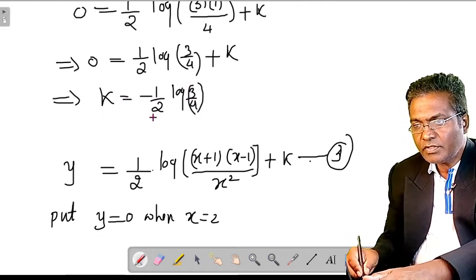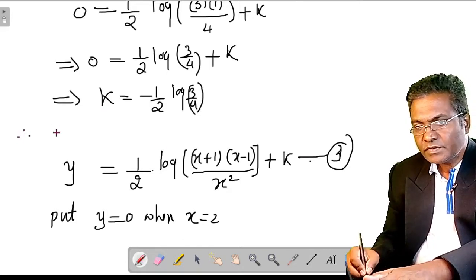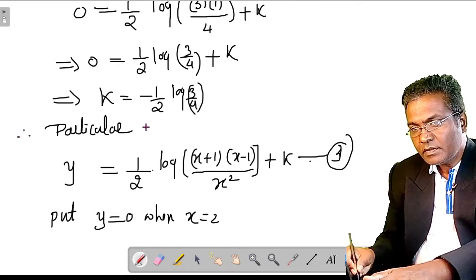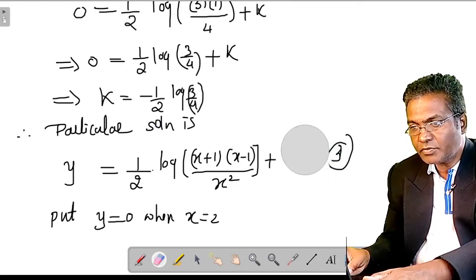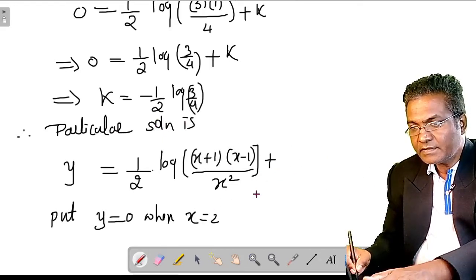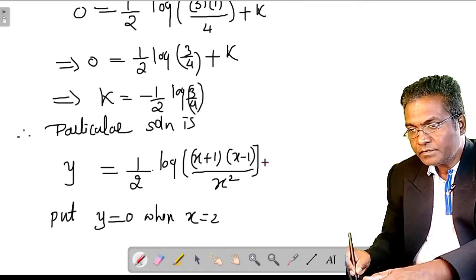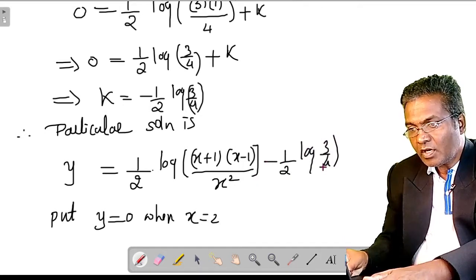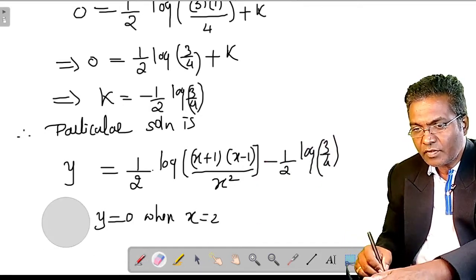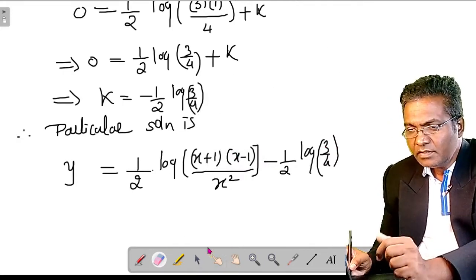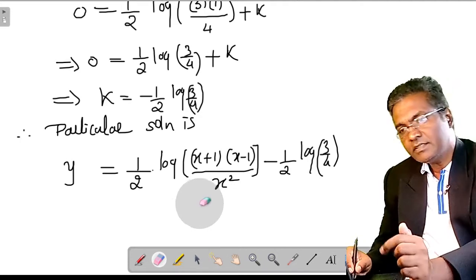So this you have to put in 3. Therefore, the particular solution is minus 1 by 2 log of 3 by 4 substituted. Okay, so in this we have to find the particular solution.